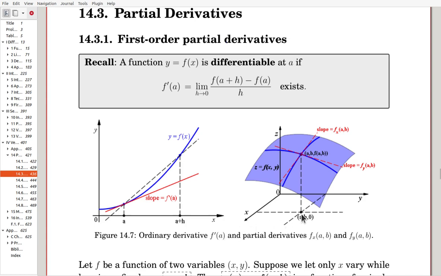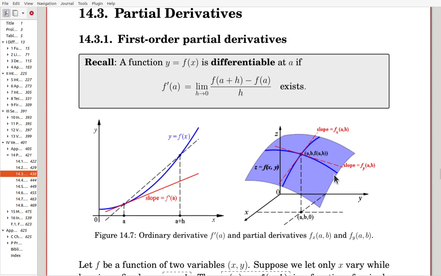Then the plane intersects the surface, making this curve. And along the curve, we try to find the slope of the tangent line. That is the partial derivative in the x direction, f sub x.